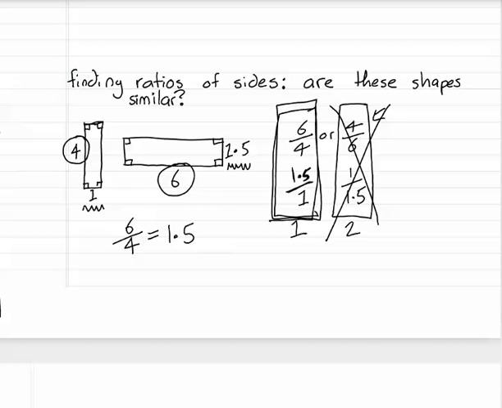And we check the other ratios of matching sides. 1.5 divided by 1 is also 1.5. And if those are the same, then our shapes are similar, because they have matching ratios, equal ratios of matching sides. Let me just turn the page.